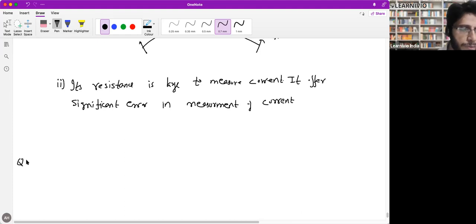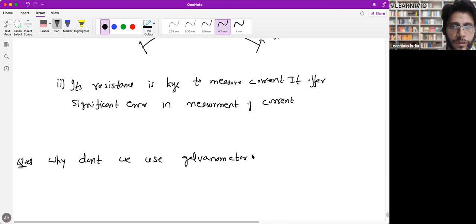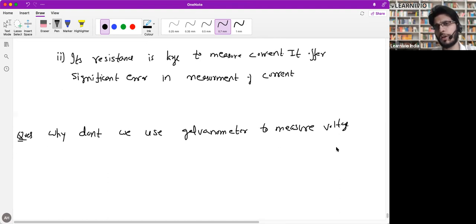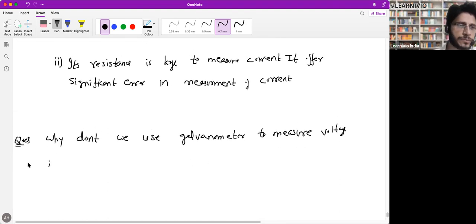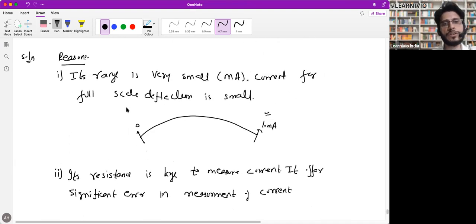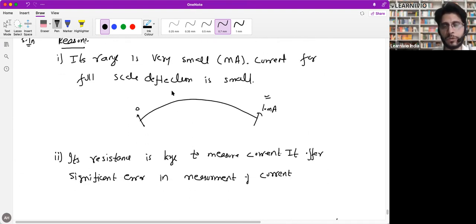Then the next question could be, why don't we use galvanometer to measure voltage? We don't measure voltage through a galvanometer. We detect voltage through a galvanometer. The first reason is voltage for full scale deflection is very small.